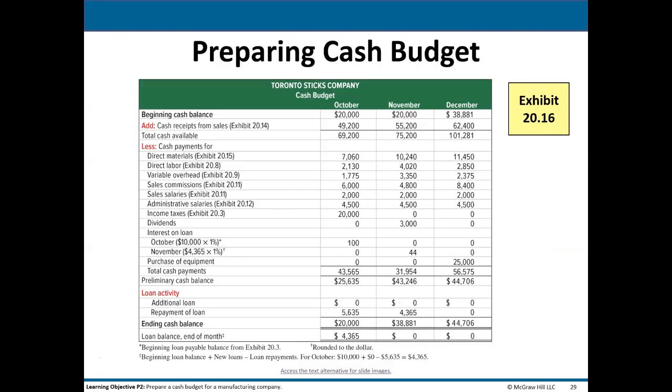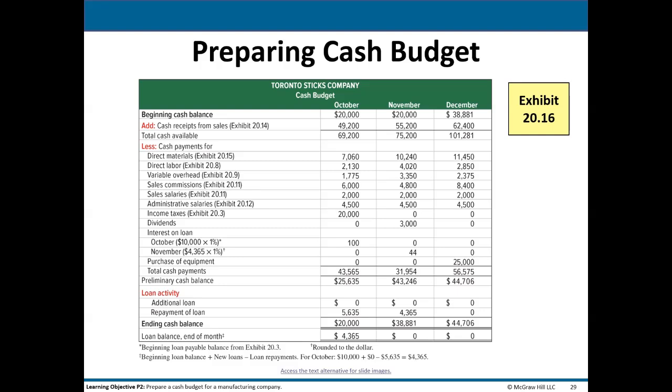So now to bring it all together and prepare the cash budget. To prepare the cash budget, managers use the cash receipts and cash payments from several budgets and schedules. Exhibit 20.16 shows the cash budget for TSC. The company begins October with $20,000 in cash. See Exhibit 20.3 at the very beginning.